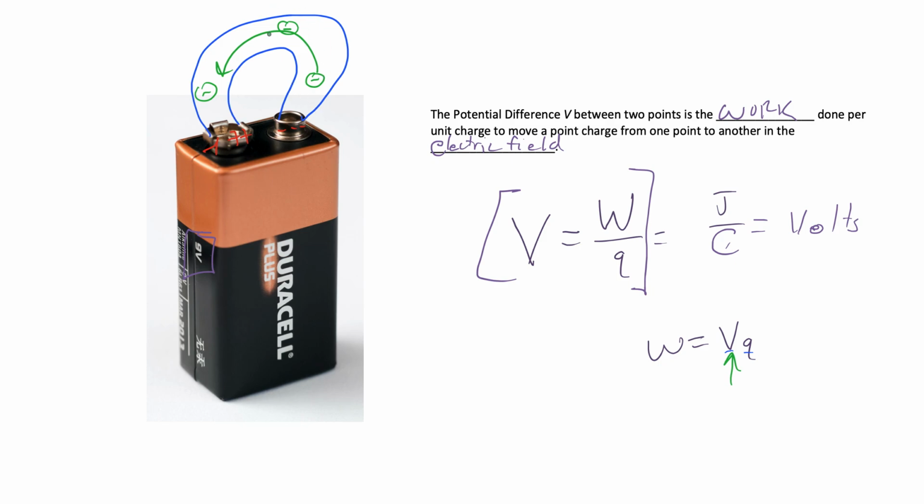Well, it's going to gain 9 joules of energy per coulomb of charge, because this is a 9-volt battery. If I had just a AA battery, that's 1.5 volts. That same electron moving through that same wire, going from one side to the other, would only gain 1.5 joules of energy. Or that battery would only be using 1.5 joules of energy to make that electron move.